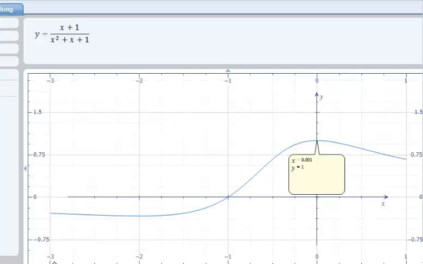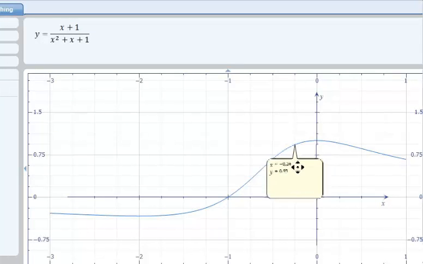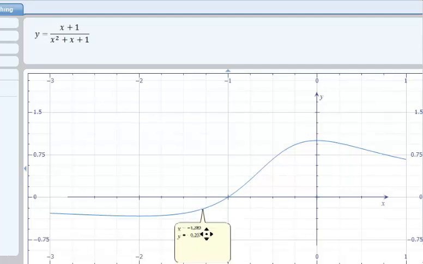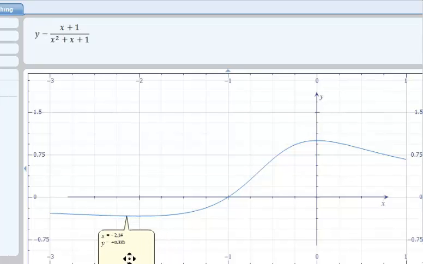I'll go back to the graph here, and if I look at this a little bit further, my y values are going down, down, down, and they still are decreasing right now, and about right here they start increasing. So they were at negative 0.32, then negative 0.33, and then negative 0.333, and then they start going back up.